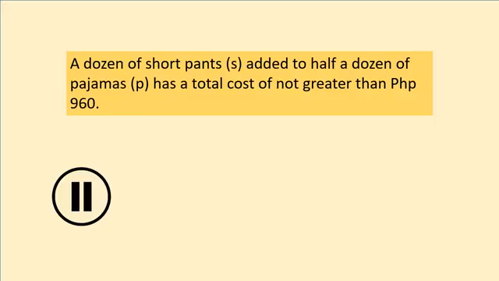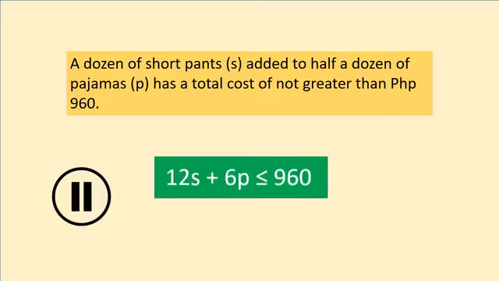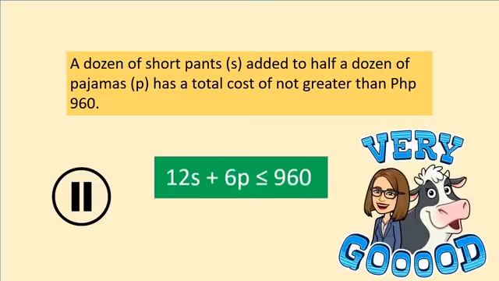So the answer for this is 12s plus 6p less than or equal to 960. Very good, you get it right. So why is it the answer? Again, we will identify the two variables. The first variable here is a dozen of short pants represented by letter S, and the second one is a half dozen of pajamas.